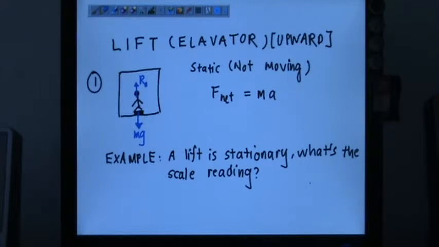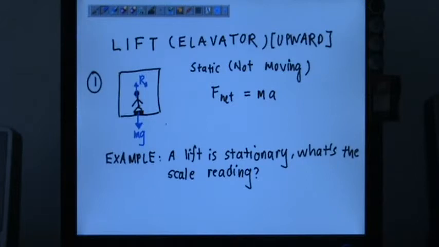The first thing we want to investigate is if the person is in static motion, and we also know that the lift is in static motion. The lift is not doing any movement yet. So in this case, we have F net equals ma. What do we mean by F net? It is the forces, these two forces, which is greater.